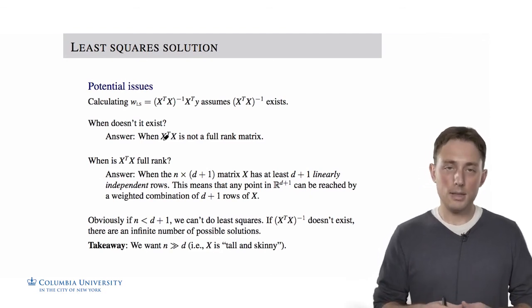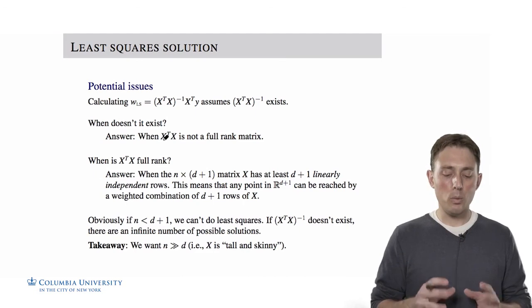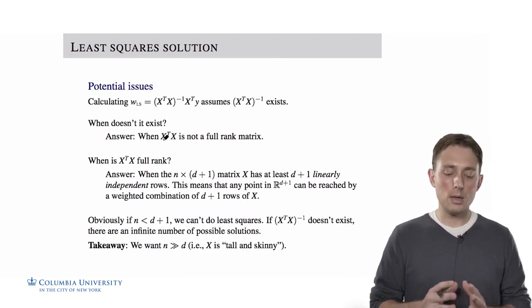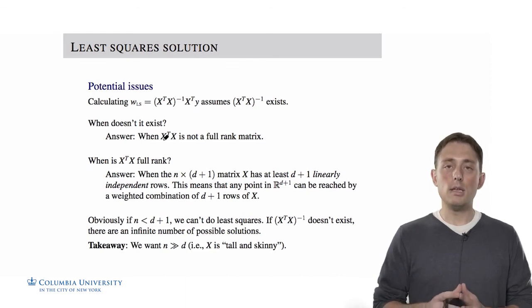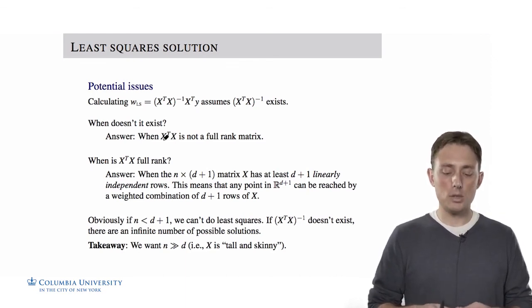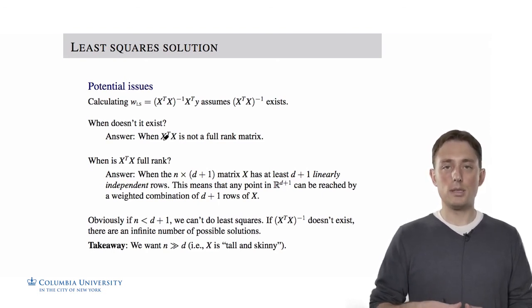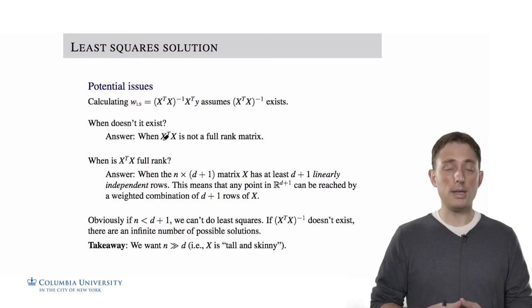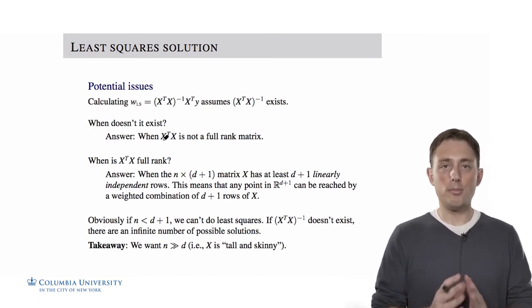So the takeaway is that for least squares to work, we want the number of data points to be much greater than the dimensionality of the problem. So we want the matrix X to be tall and skinny. That's not a guarantee that it's going to work. We'll discuss more later about when it still might not work, but we're well on our way if we have many more data points than dimensions of our problem.